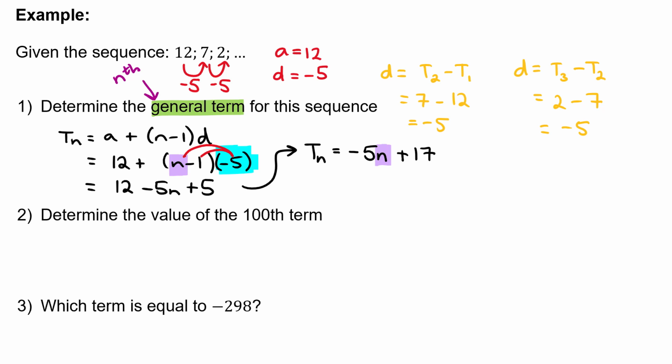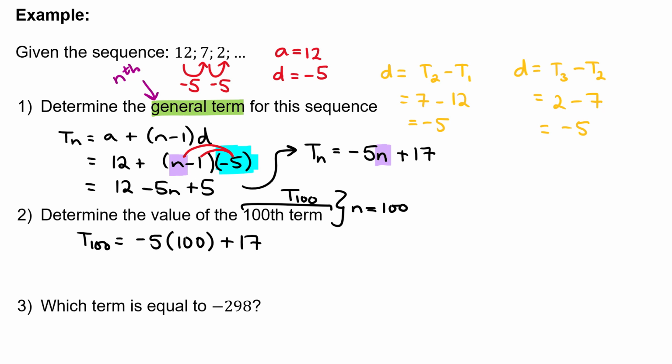The second question then says, determine the value of the 100th term. That's basically saying, tell me what term 100 is. So we're not talking about position, we're talking about actual value, which means that n is going to equal 100. So T100 is equal to minus 5 times 100 plus 17.